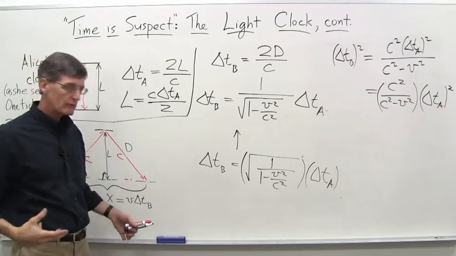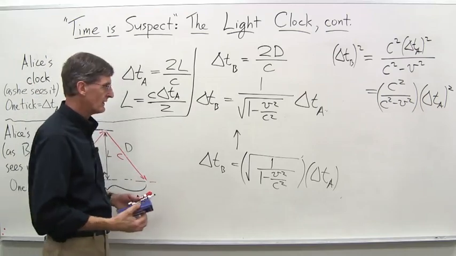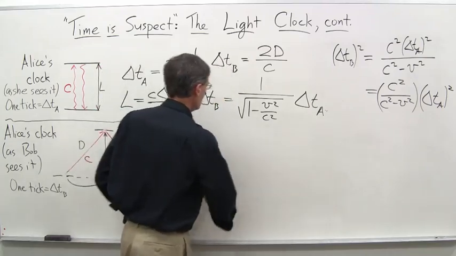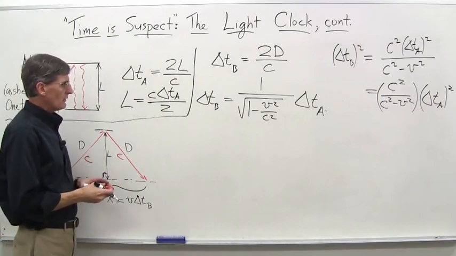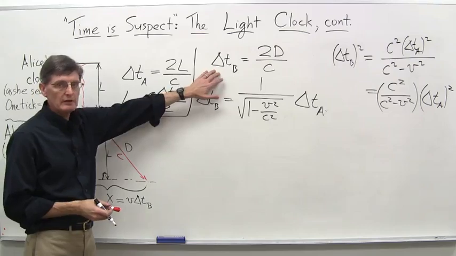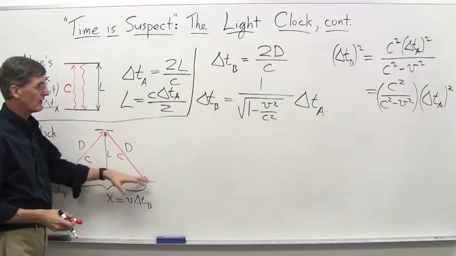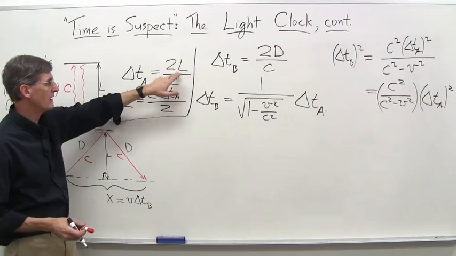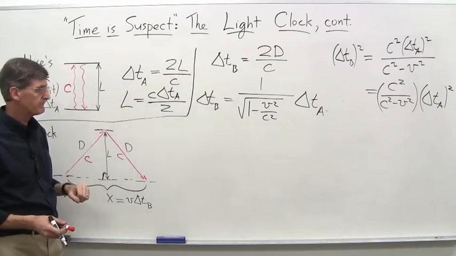It's going to be a very important result as well. Let's just analyze it a little bit, make sure that things check out as much as possible. So here's our final result. First of all, we said that delta TB was greater than delta TA. We argued it qualitatively. We saw it sort of semi-quantitatively here. We knew that D was bigger than L, and therefore delta TB must be a bigger number than delta TA.